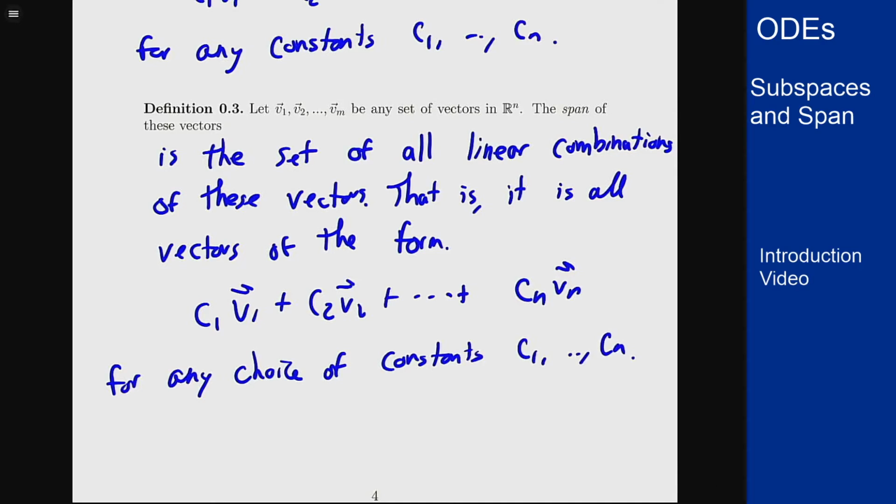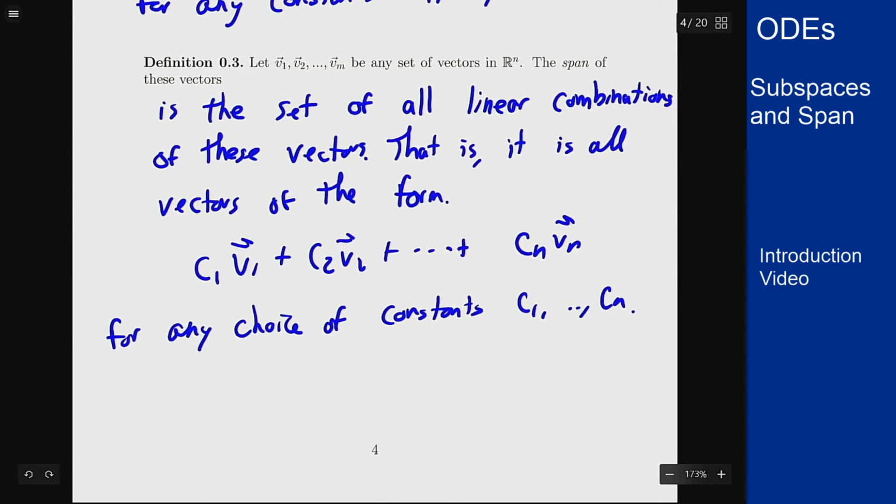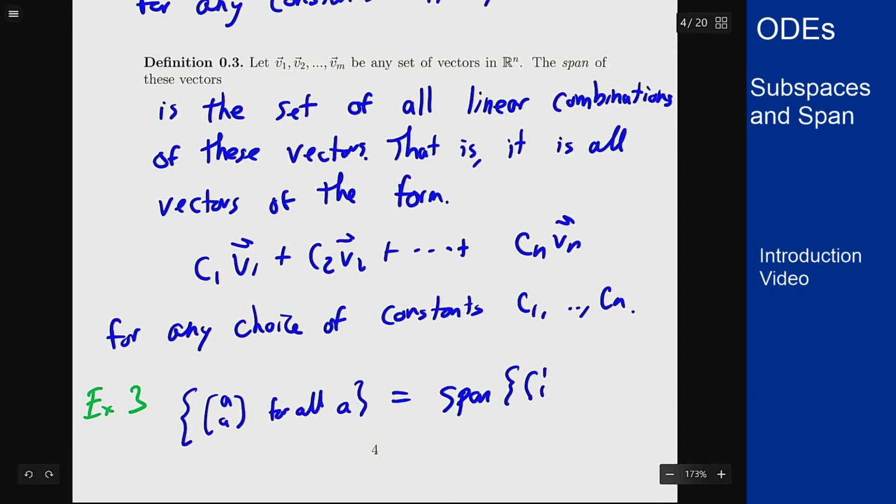If I take the set of all possible linear combinations, that gets me the span of these vectors. Just to tie things back, example 3 from above could be thought of as the span of the vector (1, 1). There's only one vector, so I'm taking constant multiples, not really linear combinations, and any multiple of (1, 1) gets me (a, a) for all real numbers a.